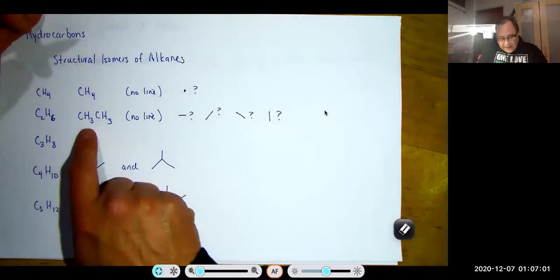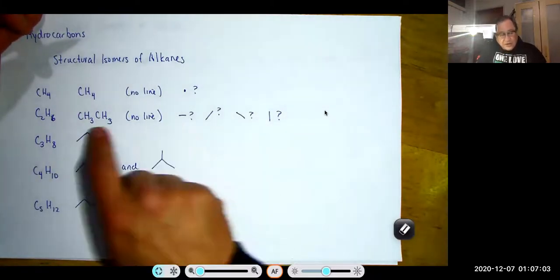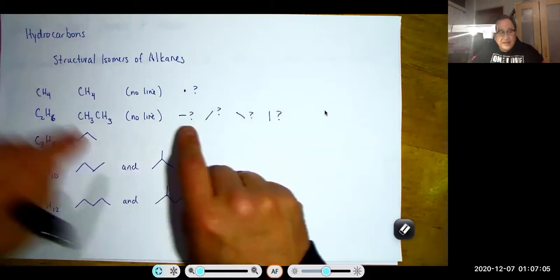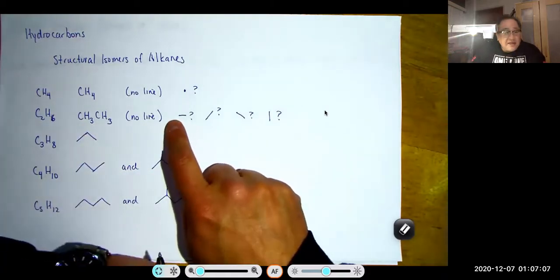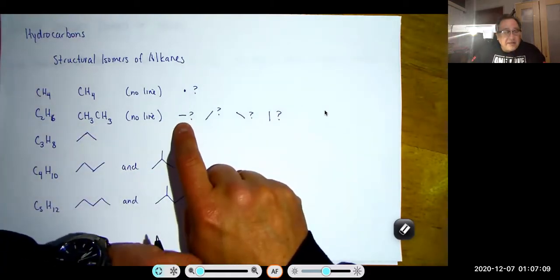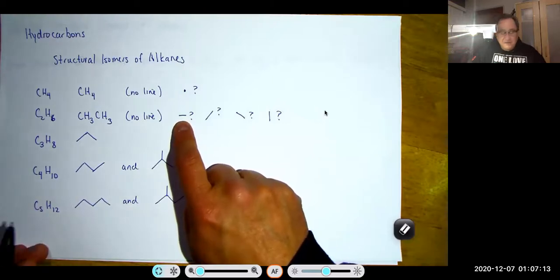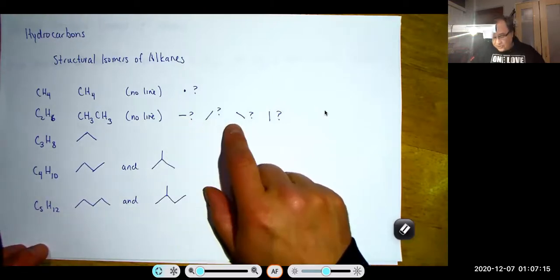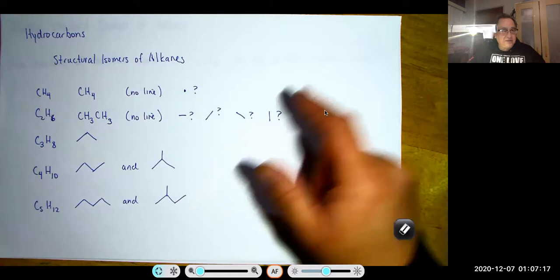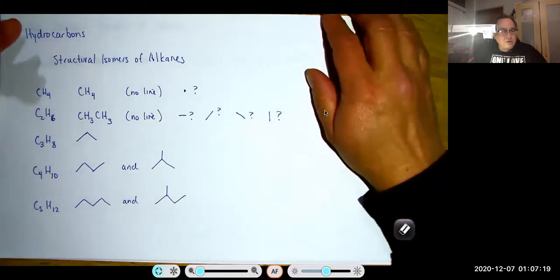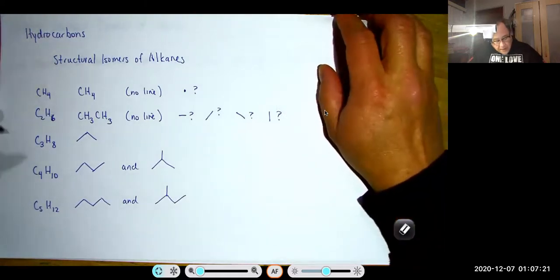This is ethane, and there's no line drawing for this also, because we could draw something like this, where there's a carbon at each end of that bond, and then you add hydrogens. But the problem is that looks like a hyphen, or a backslash, or a forward slash, or an L. So there is no line drawing for ethane. But for propane, there is a line drawing.